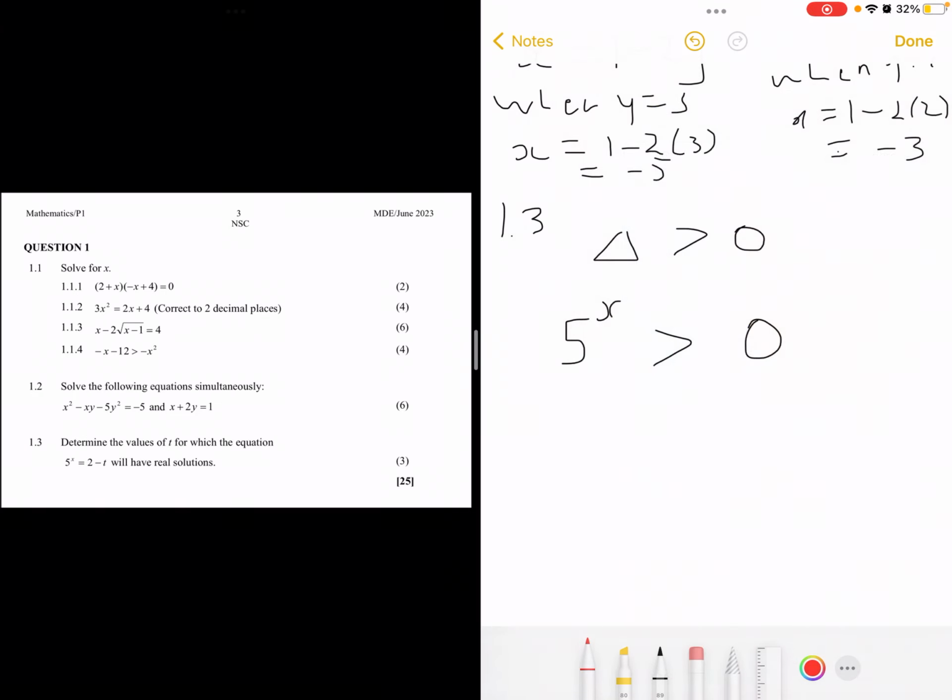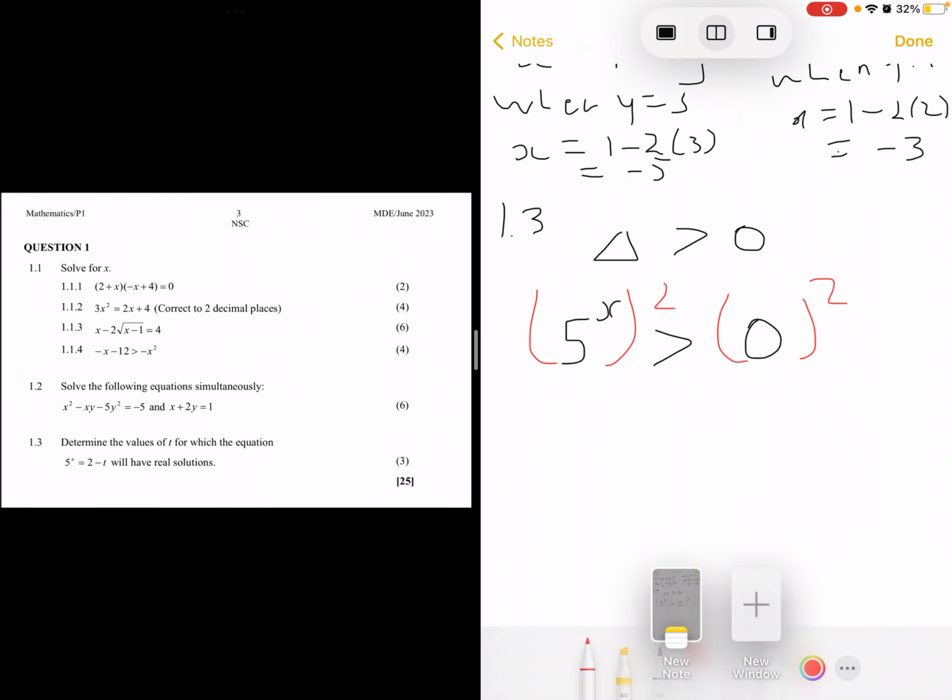If we were to say we are squaring both sides here, and we are squaring both sides here, we would get something like 5 to the power of 2x. So that equation is already a quadratic. So that's why we can talk of the discriminant. I want to reverse this, and let's just erase. Okay.